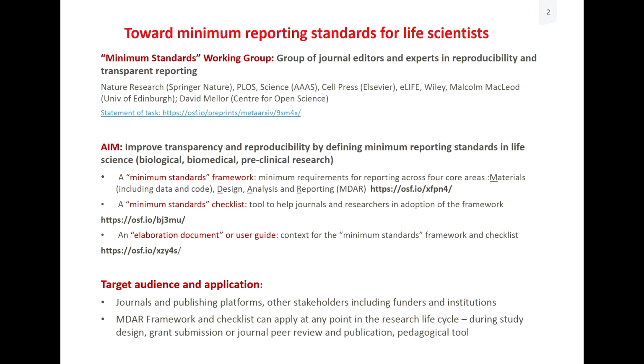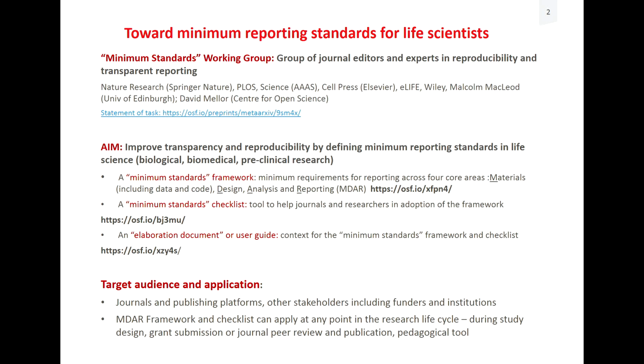A group of journal editors came together at the end of 2017 following a transparency workshop organized by the Center for Open Science. So this group, called the Minimum Standards Working Group, brings together editors from Nature Research, PLOS, Science, Cell Press, eLife, Wiley, and it also includes Malcolm and David Mellor from the Center for Open Science.